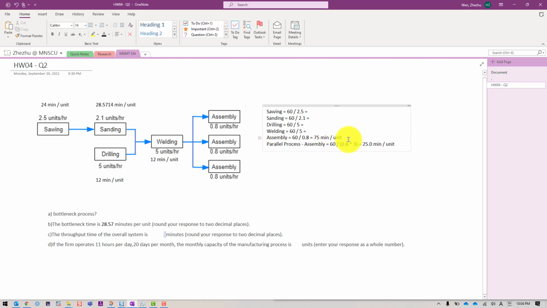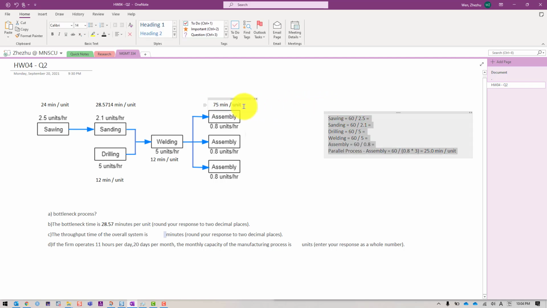And for the assembly, I need to say these are 75 minutes per unit when this is a single process, but it's going to be 25 minutes per unit when this is a parallel process.